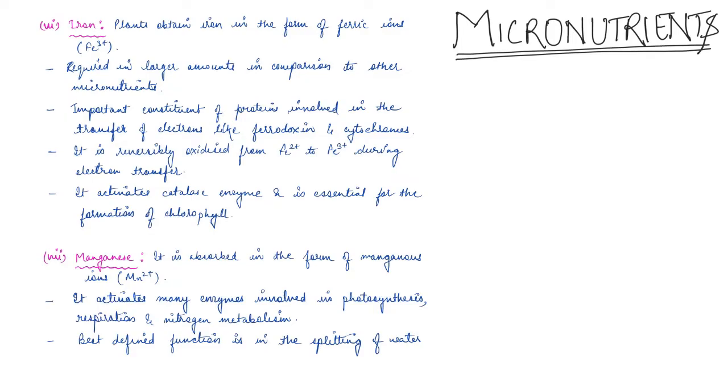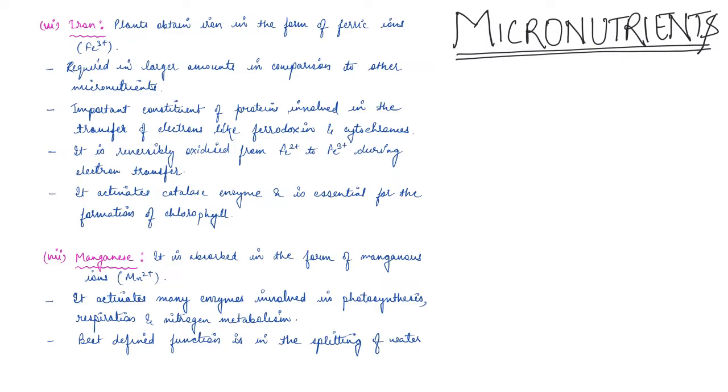So guys, in continuation with the last video, in today's video we are going to discuss micronutrients. To make you remember, we are right now dealing with chapter 12 of class 11th, which is about plant mineral nutrition. We have already discussed what macronutrients and micronutrients are, the criteria for these minerals to be essential, and the different categories of nutrients on the basis of their diverse functions.